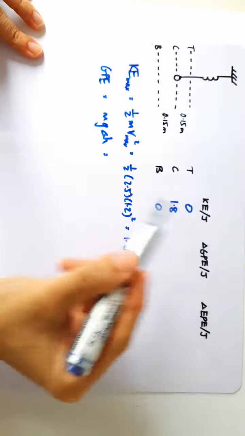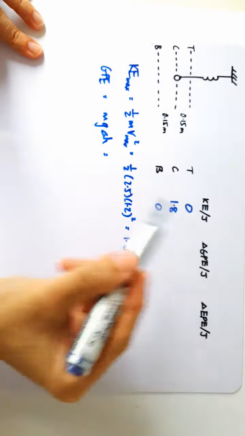So the change in GPE is going to be calculated, and we get the number 3.7 joules. So taking the GPE to be 0 at the equilibrium position, when it is at the top, the GPE will be higher by 3.7 joules, whereas when it's at the bottom position, the GPE is lower by 3.7 joules.